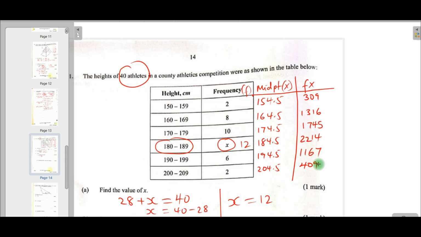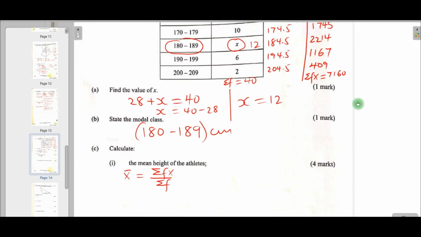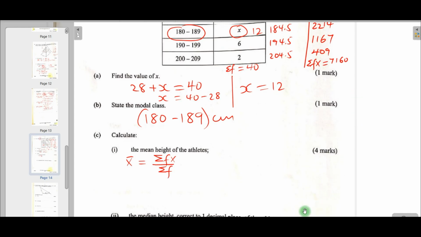So from there, now we need to get the sum of fx. Using a calculator, you add all these values for fx, you get 7160. Here the sum of the frequency is actually 40 if you add all of them. And therefore, now we can go back and answer the mean value of the data.